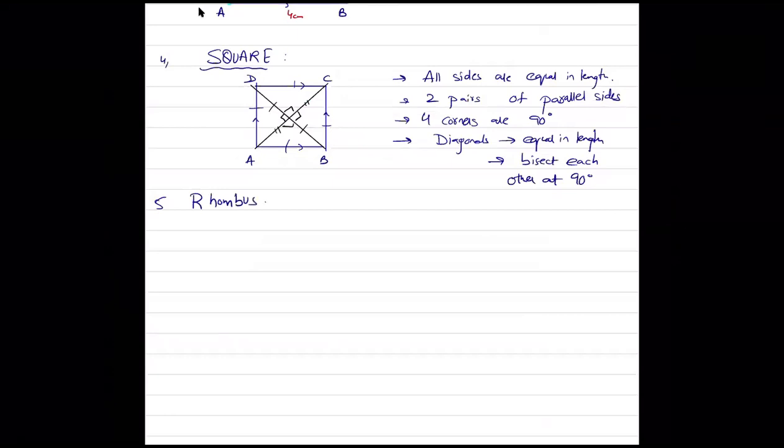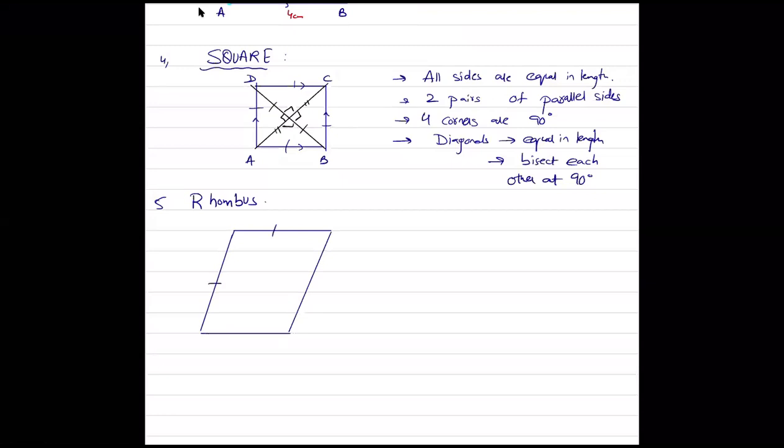Any idea how does a rhombus look like? जी, any idea how does a rhombus look like? If you tilt the square, you're going to get a rhombus. Even a rhombus has all the sides same.